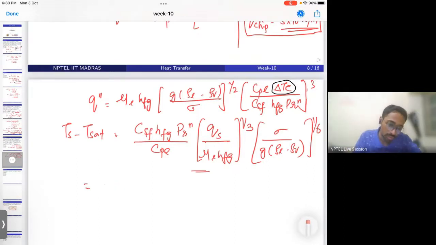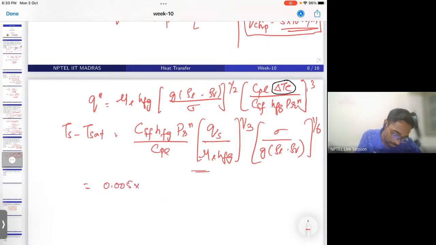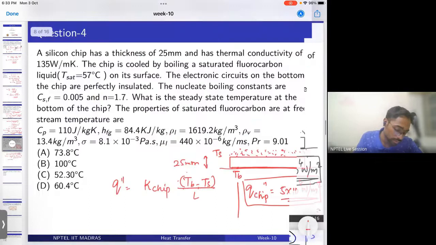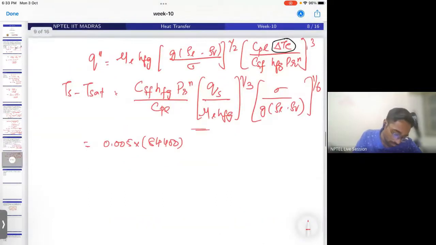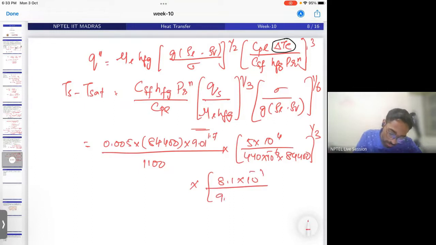If we substitute the values, we will get 0.0130 into 1.7 into 5 into 10 raised to 4 divided by 440 into 10 raised to minus 6 into 8.4, whole raised to 1 by 3, times 8.1 into 10 raised to minus 3 divided by 9.81 into 161.2 minus 13.4, raised to 1 by 6.